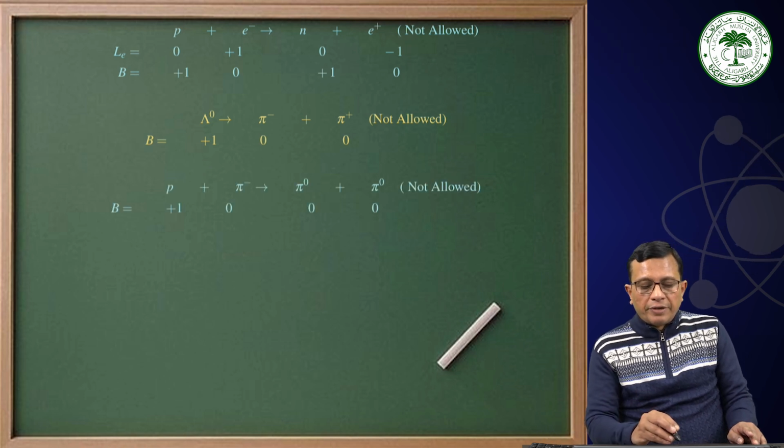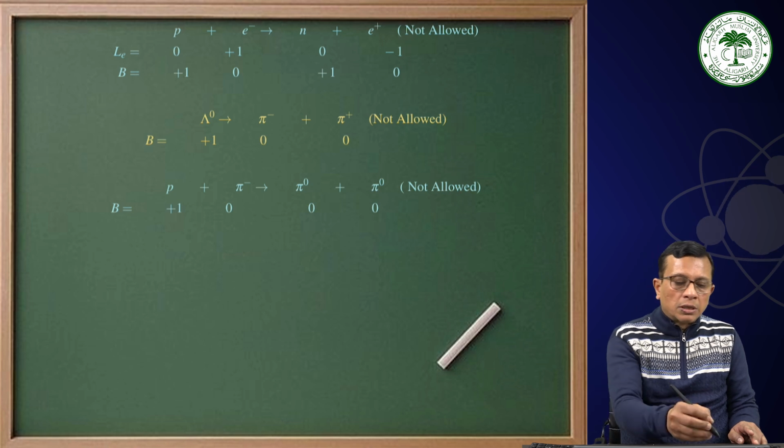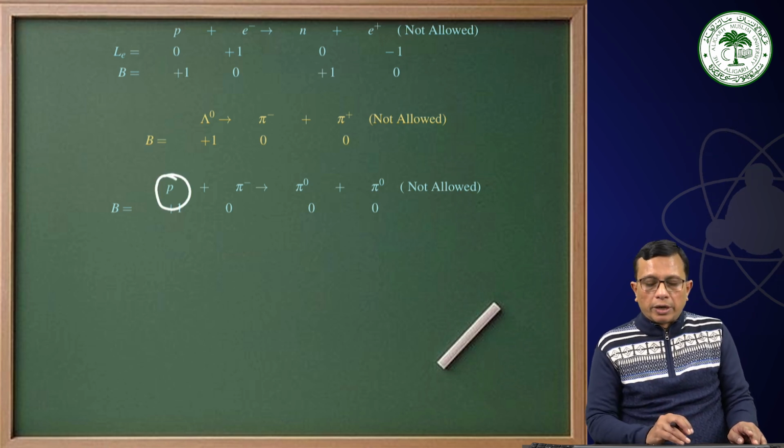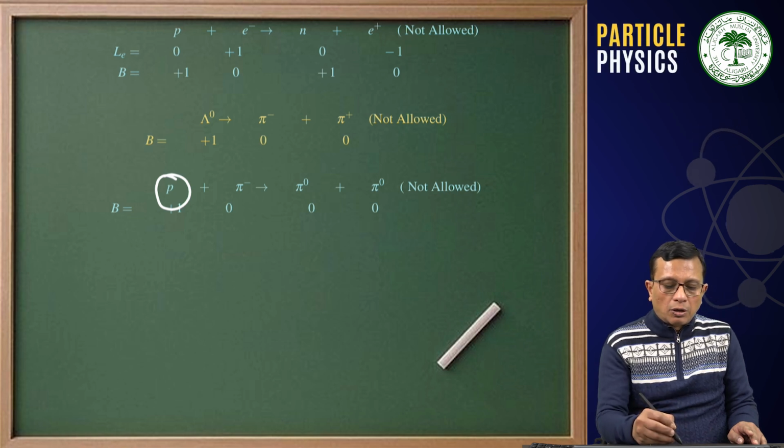Similarly, here we have pi minus plus p in the initial state and 2 neutral pions in the final state. This is again not allowed, because we are not conserving baryon number. We have 1 baryon in the initial state, while we don't have any baryon in the final state.